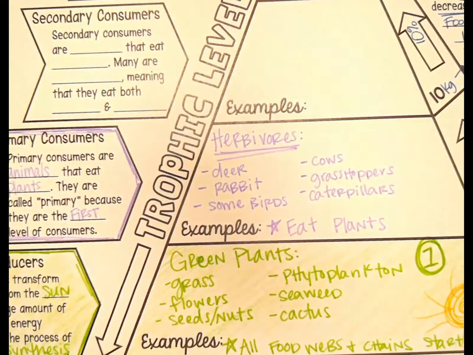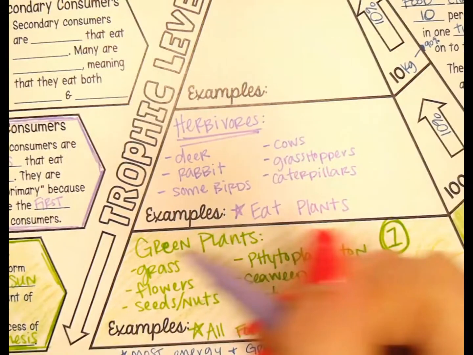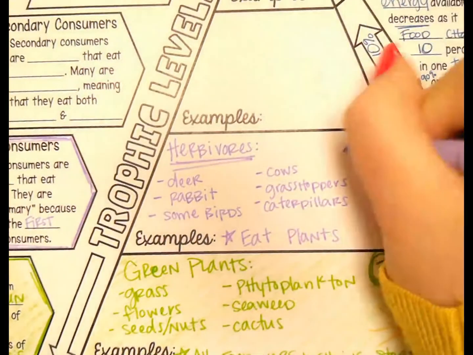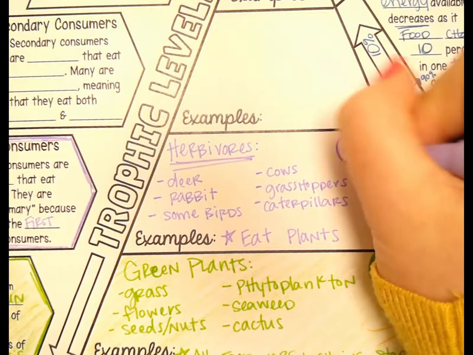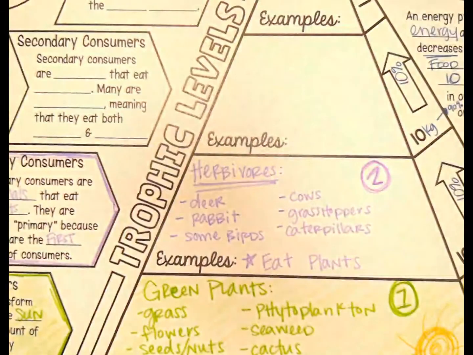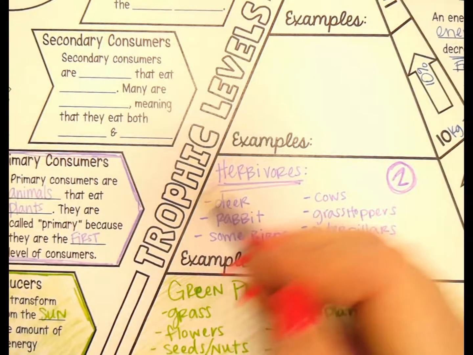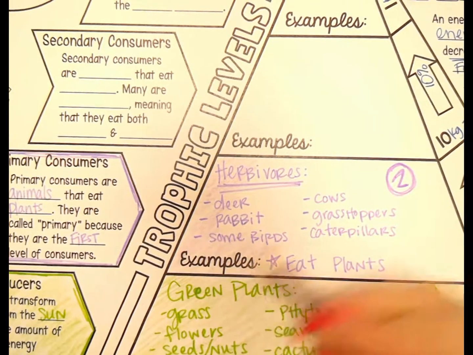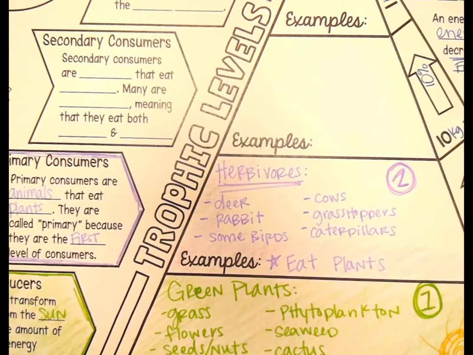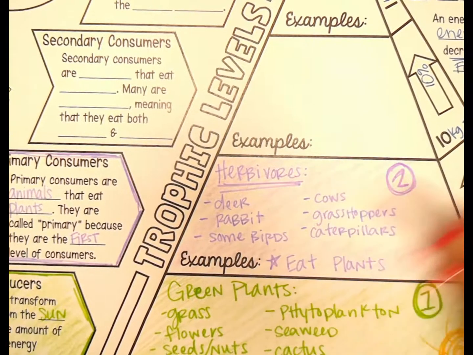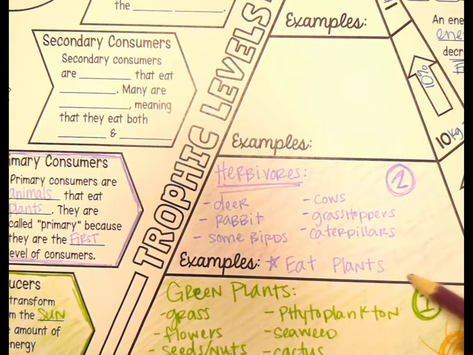Okay, and if we were to number this trophic level, we've got our number 1 level of producer, and then we've got our number 2 level of herbivores. So we can go ahead and shade our boxes so that it helps our brains remember. Purple for primary consumers. Primary consumers eat plants.